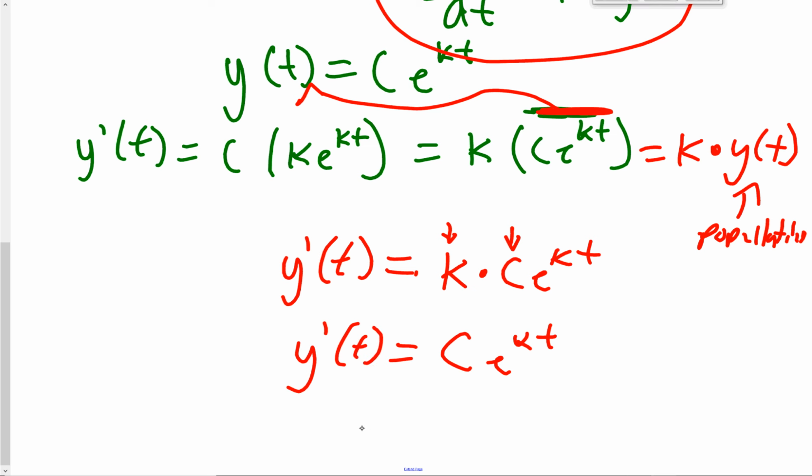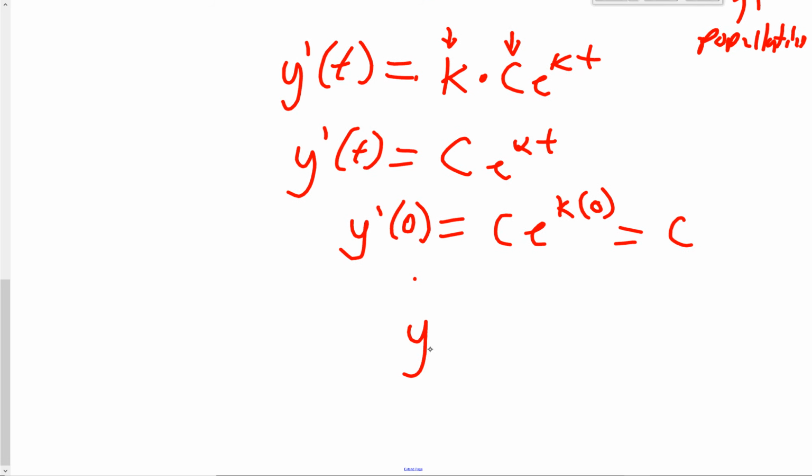And when we plug in 0 for our time t, we get e to the 0, which is 1, which is just going to be c. So our population at time 0 is just going to be c. So we can go ahead and solve any type of population by this theorem.